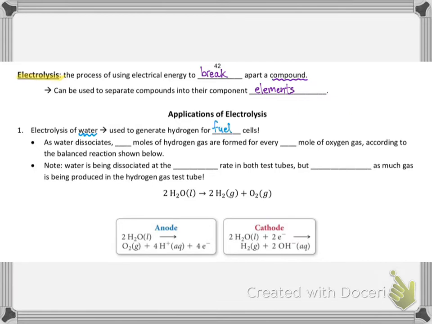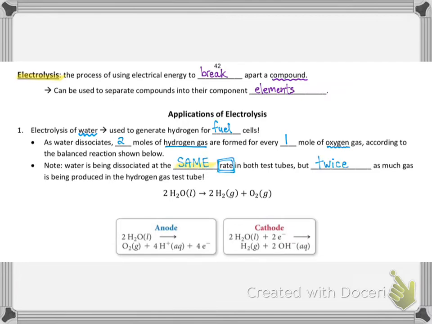And I'm sure you remember, in the chemical reaction for water, you have 2 moles of hydrogen gas for every 1 mole of oxygen gas, a stoichiometric ratio. So that means in the electrolysis of water, you're literally going to be making twice as much hydrogen as you do oxygen. Funny story, the water's being dissociated at the same rate, but twice as much hydrogen will be produced as oxygen.